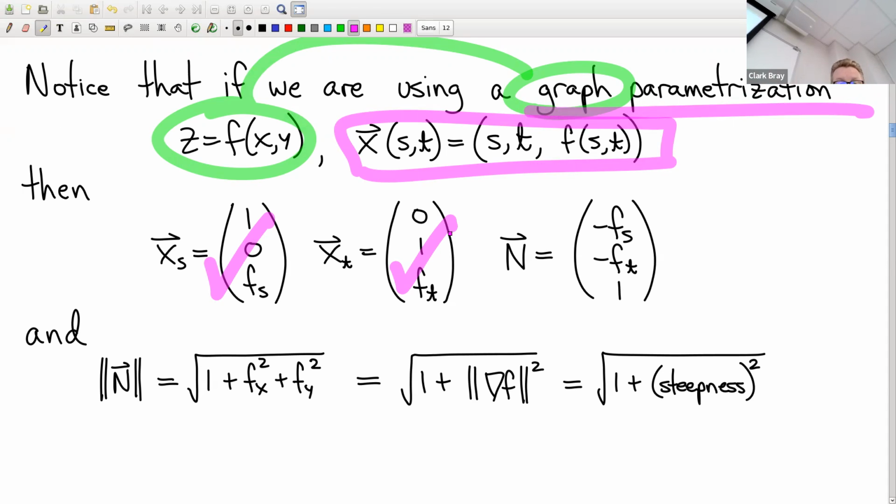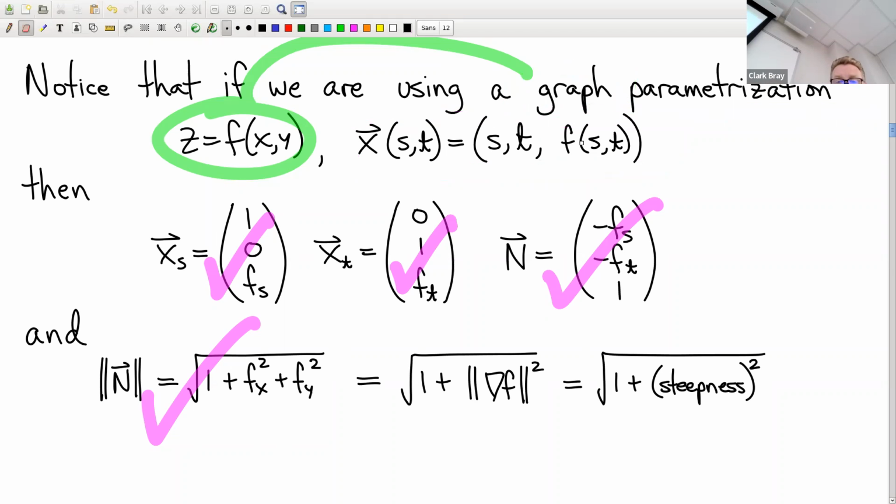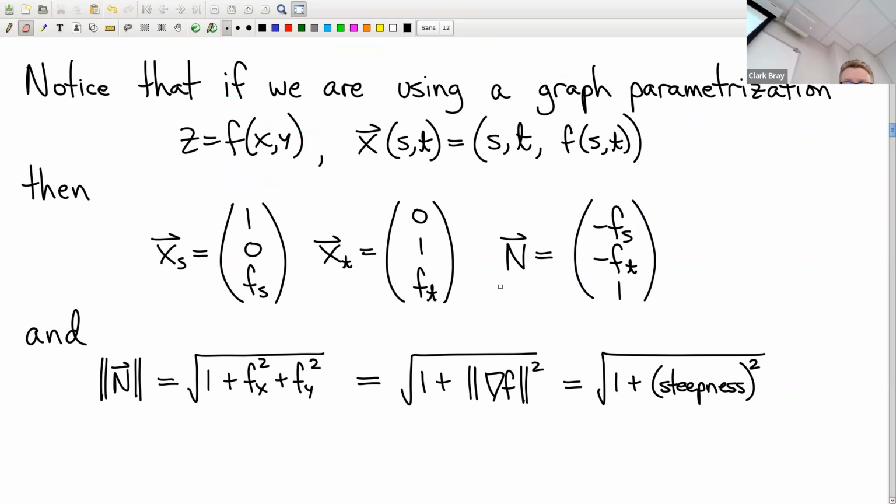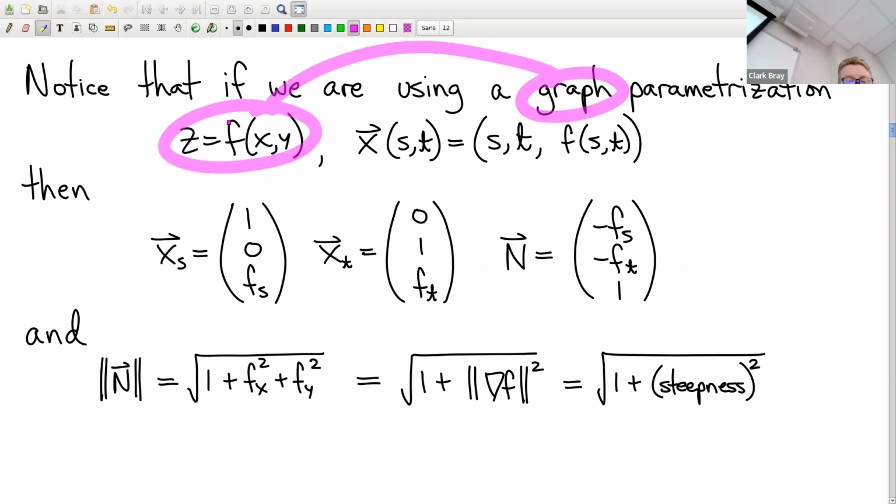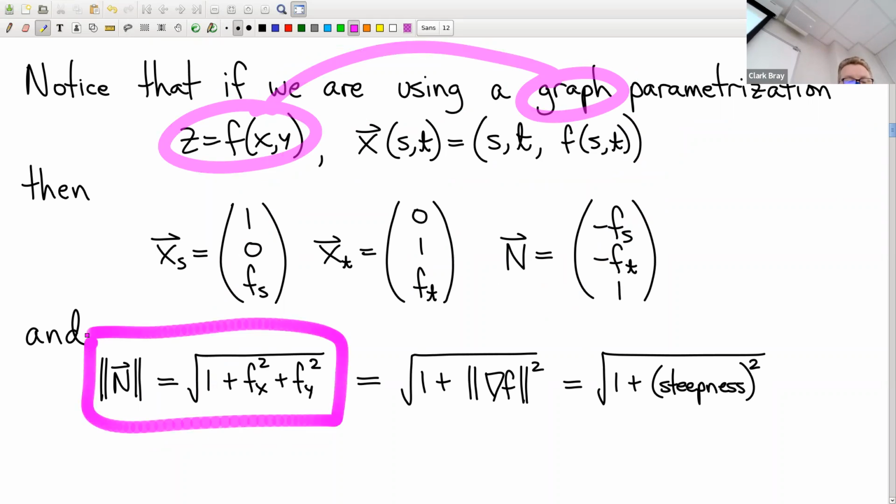And crank it out, you can guarantee that your capital N, your parametrized normal, is going to be exactly that, which means that the magnitude is going to be exactly this. So you can save yourself a little bit of trouble and just make the observation that as long as you actually are dealing with a rectangular graph, here's the formula for the stretching factor.